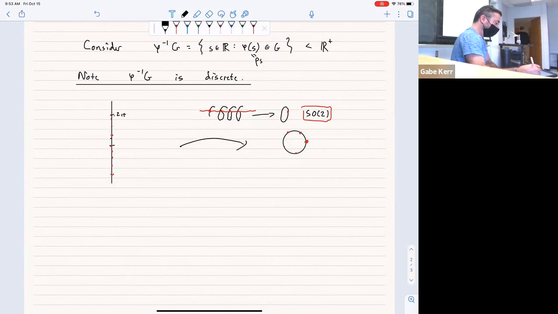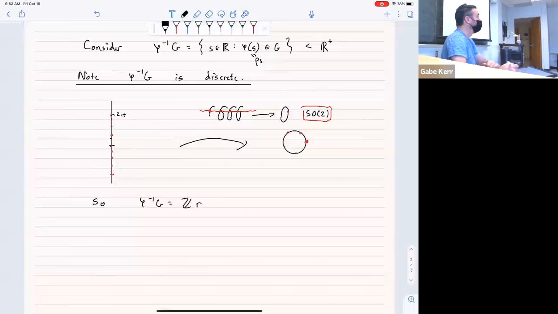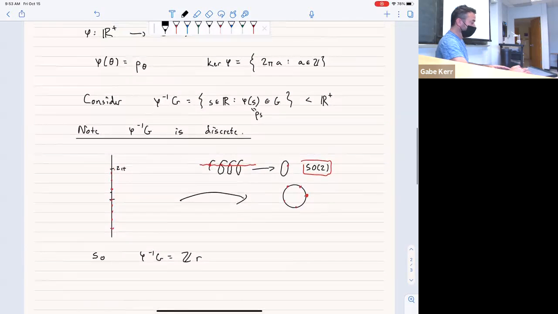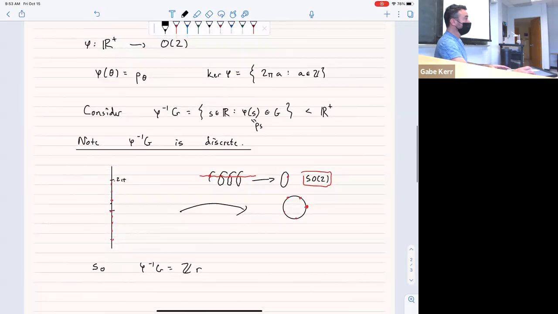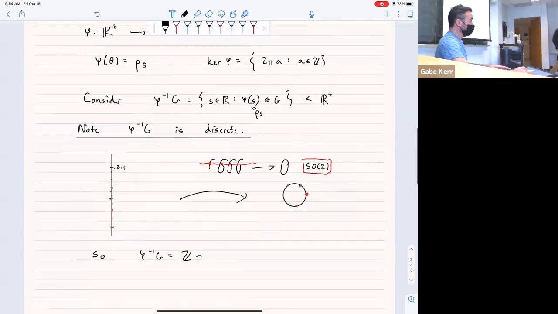But now, assuming that we believe this, we have a lemma that says what this is. So in particular, phi inverse of G, a subgroup of R plus, is going to be Z times some number r. We also know that the kernel is contained in it, because if the kernel goes to 1, it's in this group.